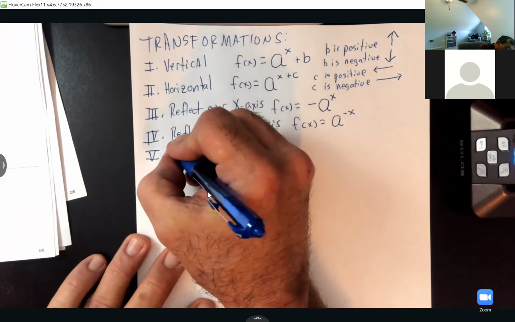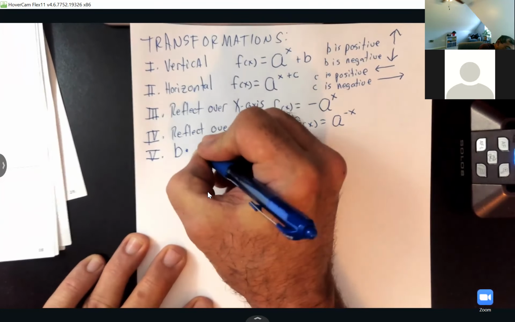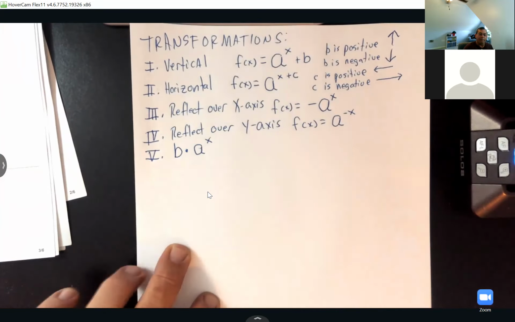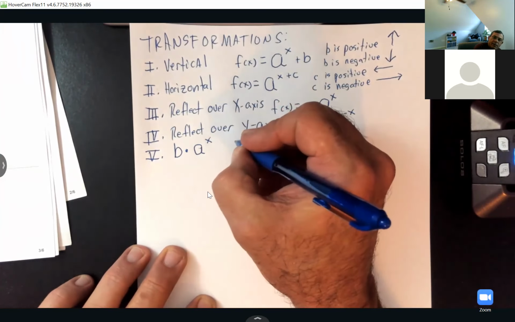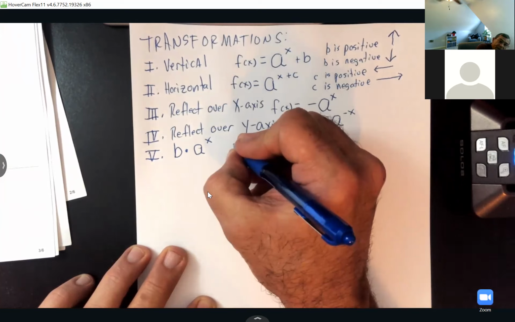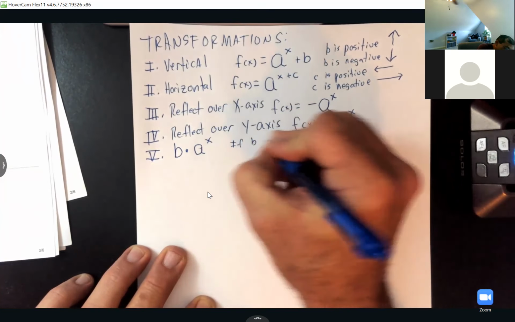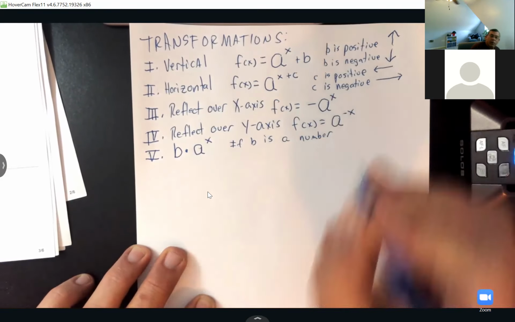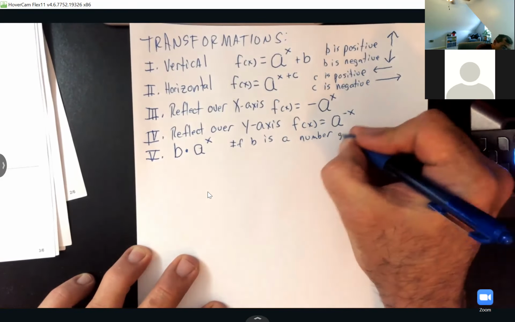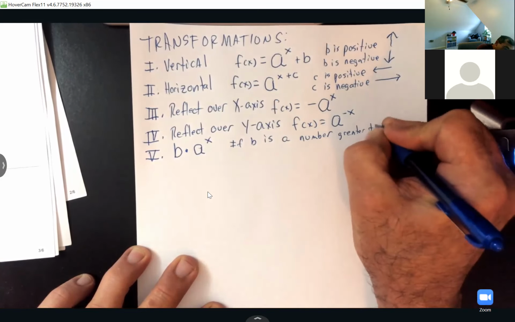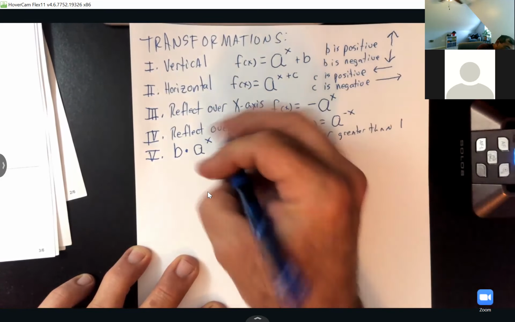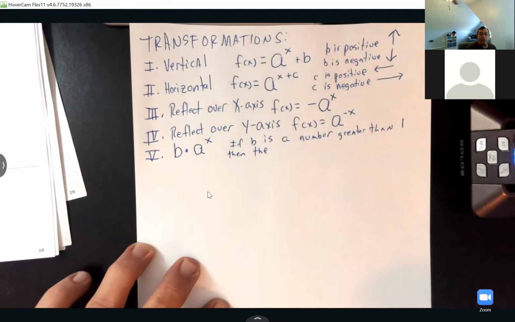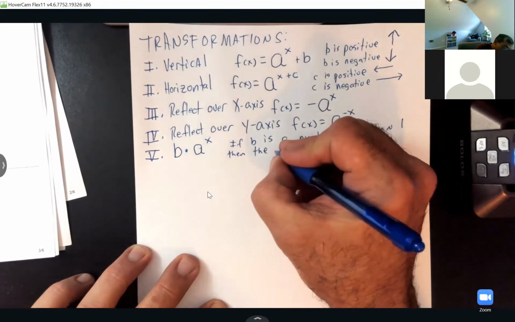If we have something like this, b times a to the x, and b is a number greater than 1, then the graph increases by magnitude of b.